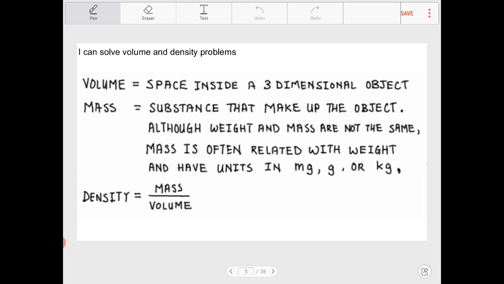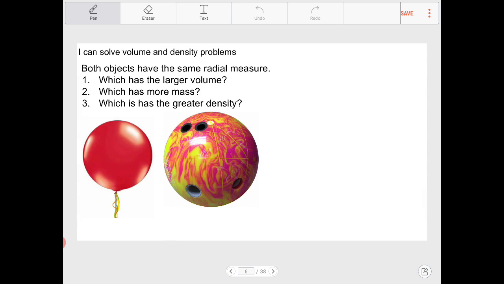Which brings me to the next concept here, which is density. Density is defined as the amount of mass divided by the volume that the object takes up. Now, the smaller the volume and the larger the mass, the greater the density. Let's take this example here.